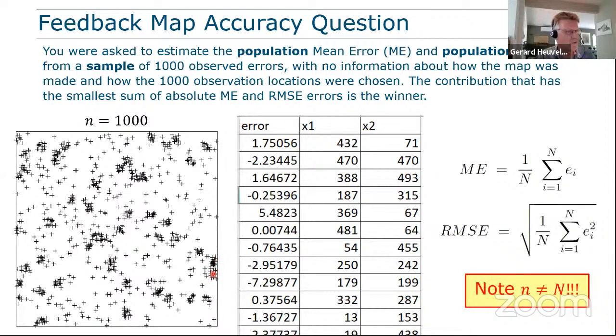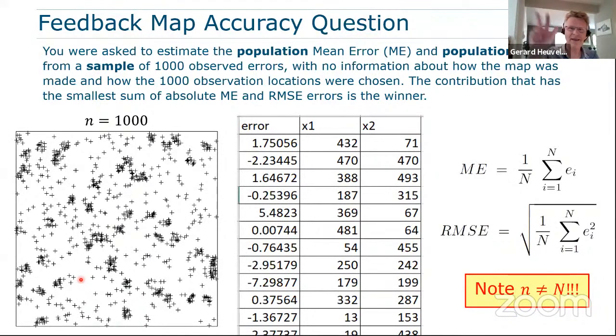So we would like to downgrade their influence and give more weight to points that are not in highly dense areas. Okay, but then there's also the model-based kind of approach.